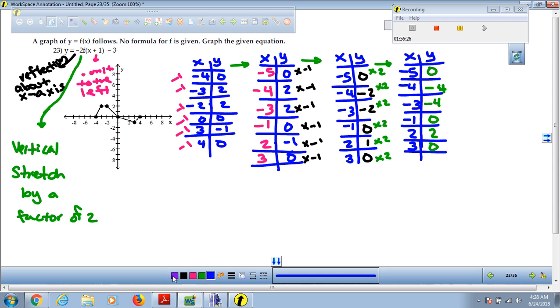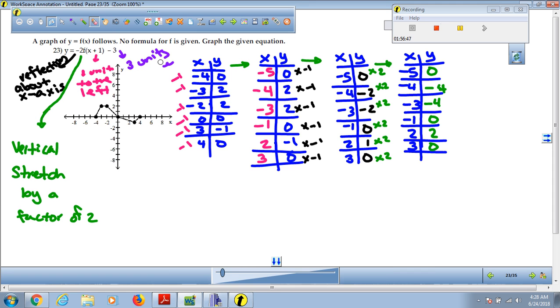And to finish, the -3, which is, sorry, here was 1 unit, right? Didn't put the 1. 3 units to the, no, down.